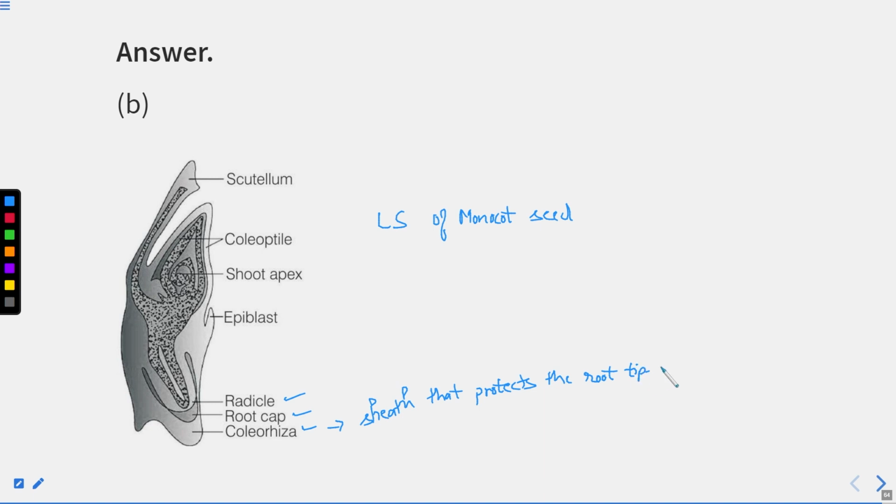Then you can see the shoot apex is present here. Coleoptile is again a sheath that surrounds the shoot apex. Then here you can see scutellum, which is one of the cotyledons, and here you can see epiblast, which is the rudimentary cotyledon.